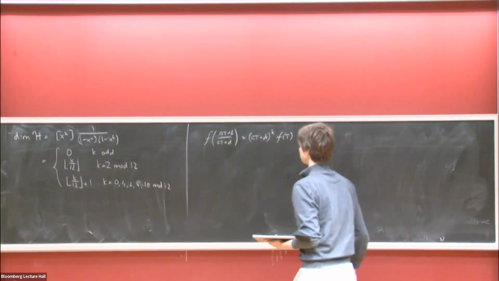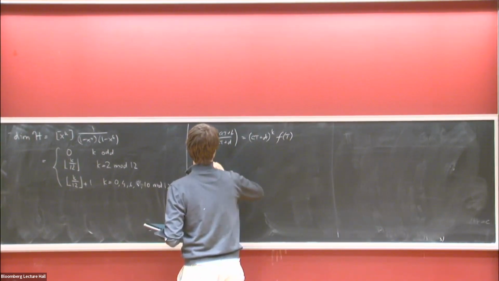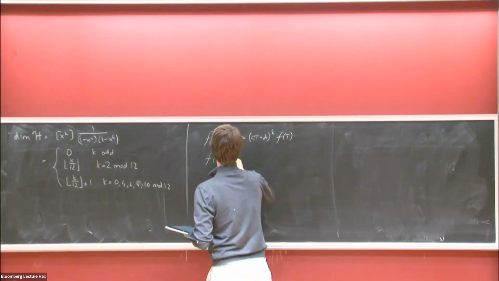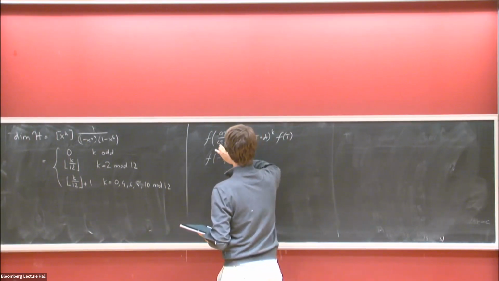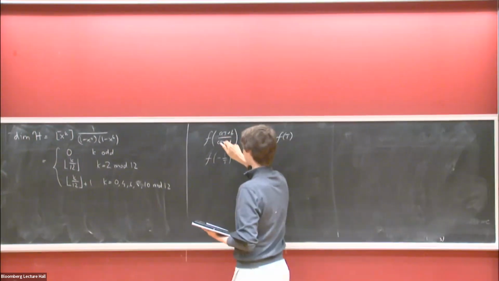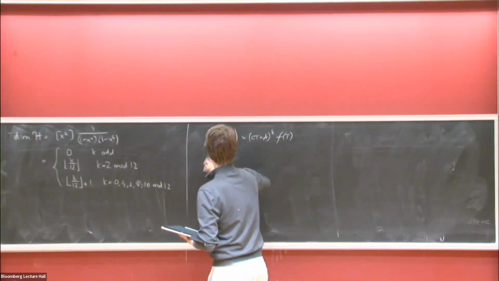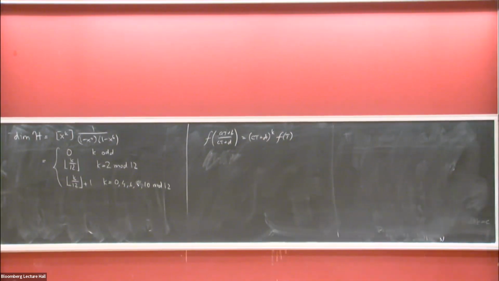Let's consider tau going to minus 1 over tau, and then you set C. The problem here is that this transformation is defined over PSL2Z, whereas here you have to commit to a sign of C and D, and k is odd. That's a simple way of saying it. You can see that this doesn't have any solutions because the sign is inconsistent.